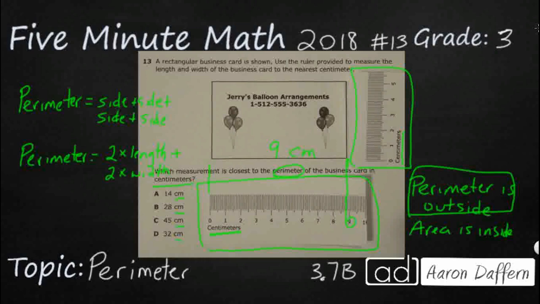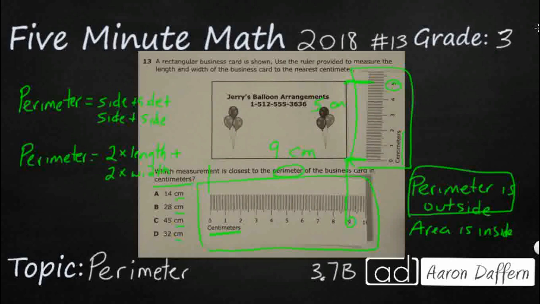And then we're going to look at our width here, and we've got our 0 kind of lined up. It's not quite lined up, so let's pretend it's lined up there. There's our width right there. It's going to go towards that 5. So we've got a length and width of 9 centimeters and 5 centimeters.